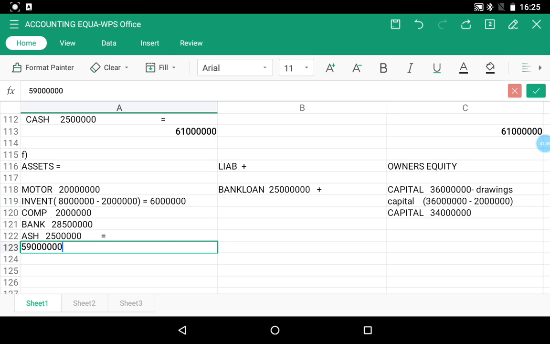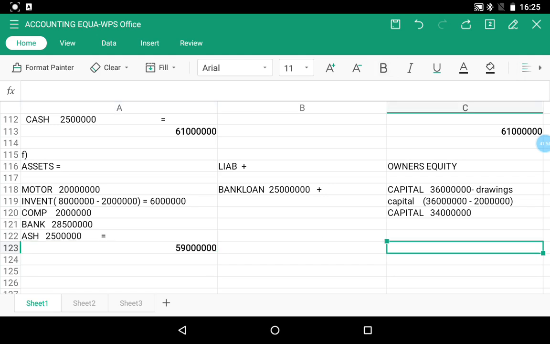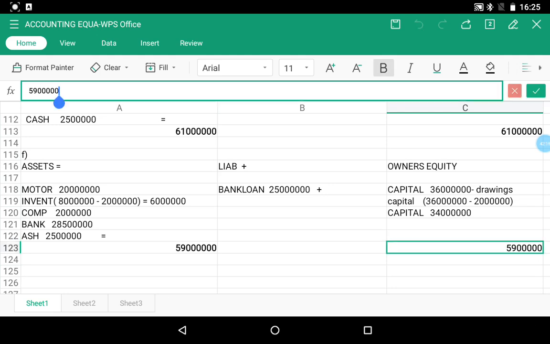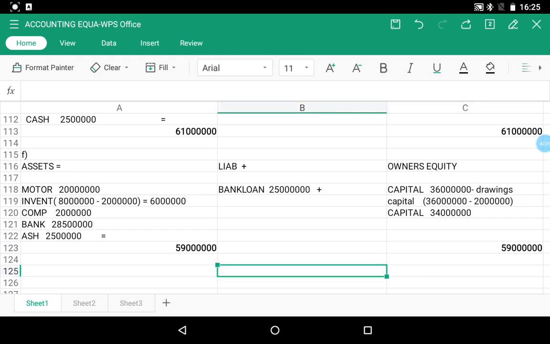It is 59 million. So that is our part F.